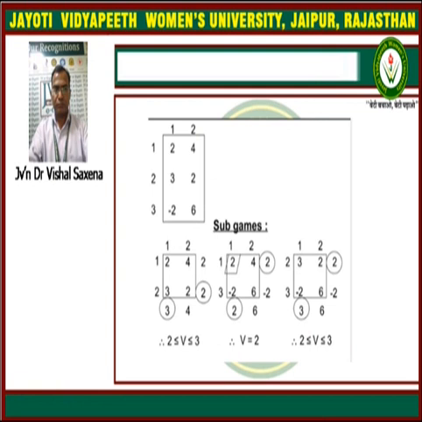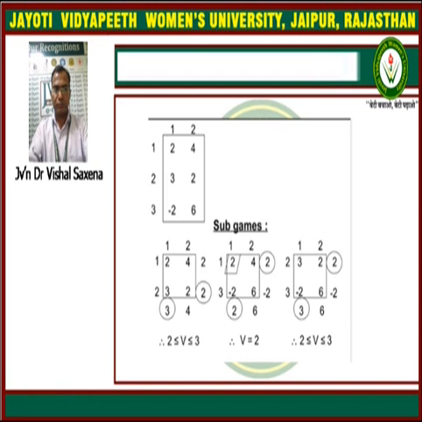The initial game is given, where 1, 2, 3 are the 3 strategies for the first player, and 1 and 2 are the strategies for the second player. Now we apply the method of sub-games and divide this game into sub-games. 3 sub-games are possible for this game.